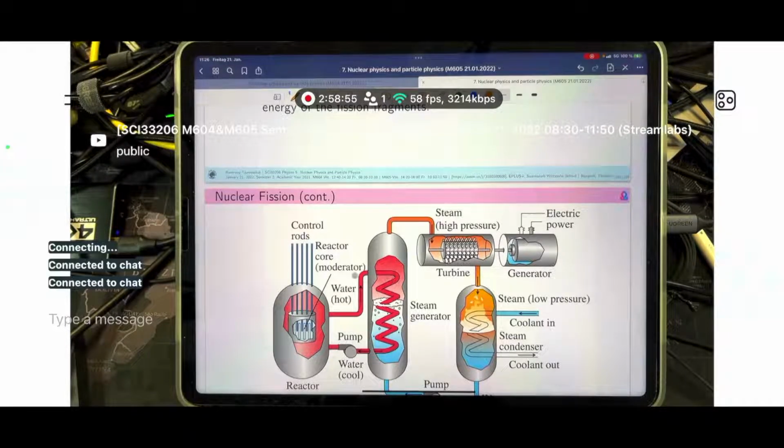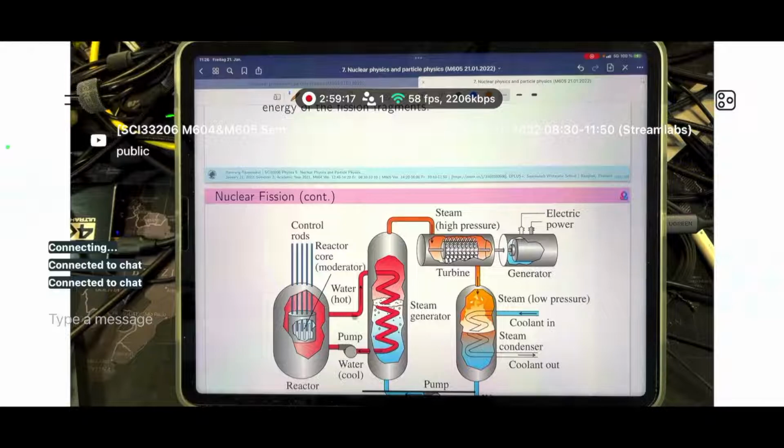Please note that this is special water. We don't let it touch the water inside the steam generator. The water of the nuclear plant is separated from the water in the steam generator.